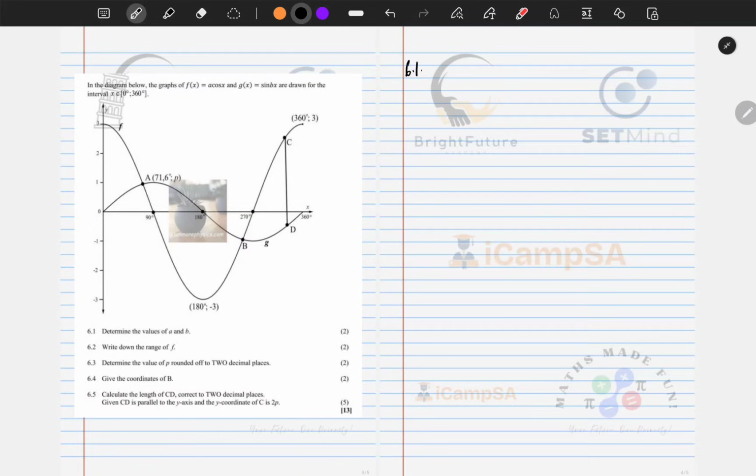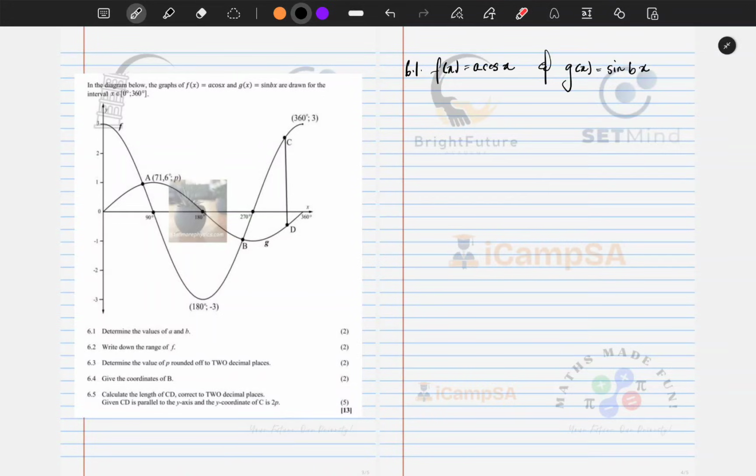Already we are being told that f(x) = a cos x, and g(x) = sin bx.